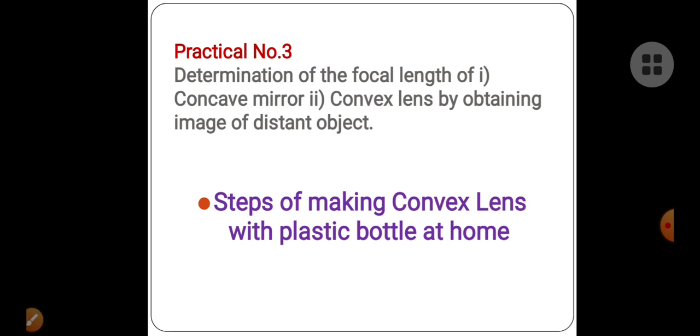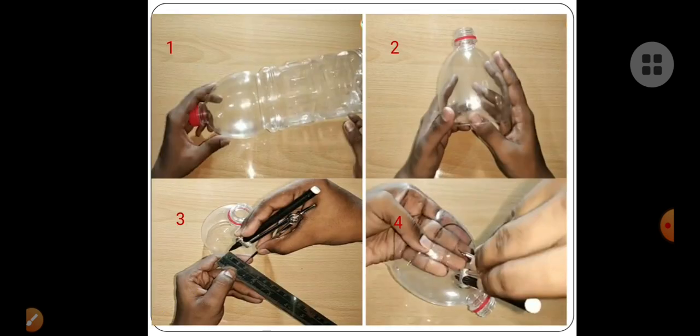For this also we need a convex lens, and at home we do not have a convex lens, so we can make our own convex lens with the help of a plastic bottle. We all have some plastic bottles which are free, and we take that bottle, cut it, separate this portion, and keep this upper portion with us.